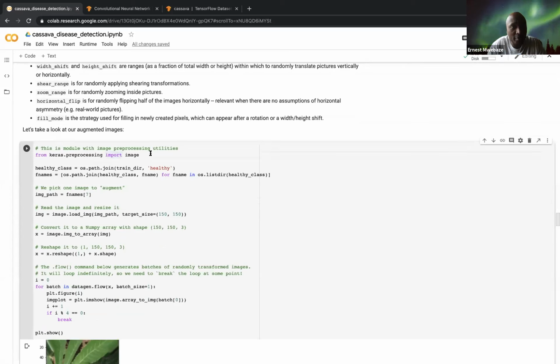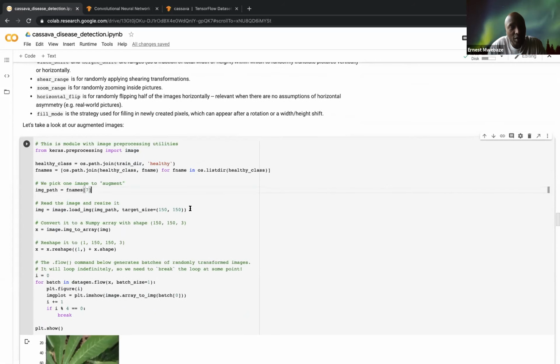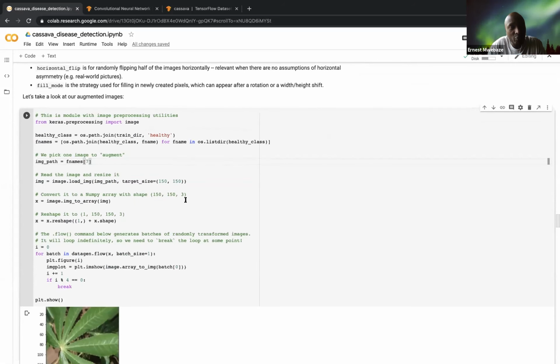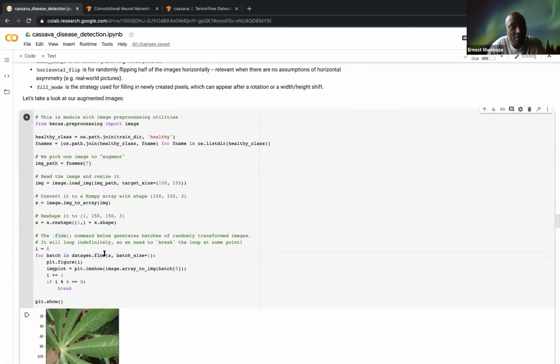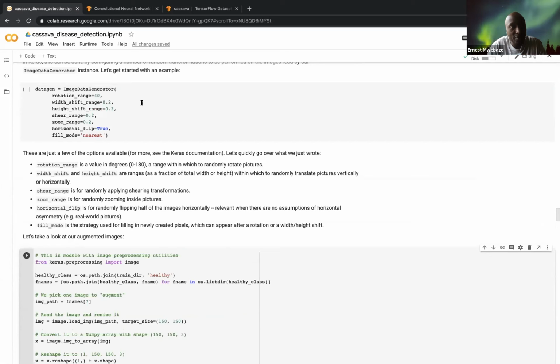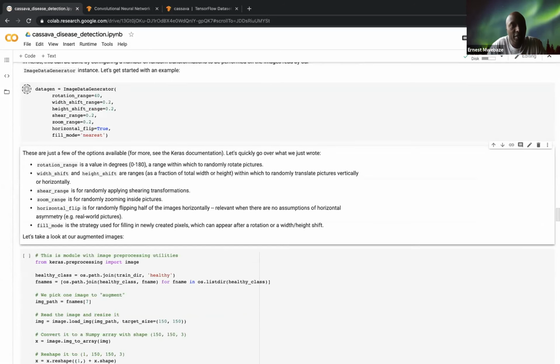So here we are taking our healthy images, and you can do this for other images. We're getting some healthy images, pick one image, and we load it. We are getting it from this data gen here. Oh, yeah, so we need to run this. So we've created a data generator, an instance of this image data generator class.